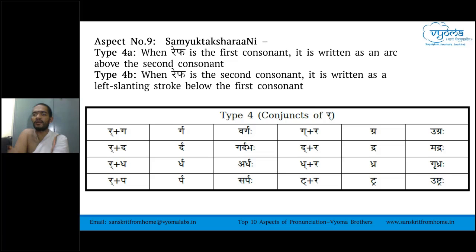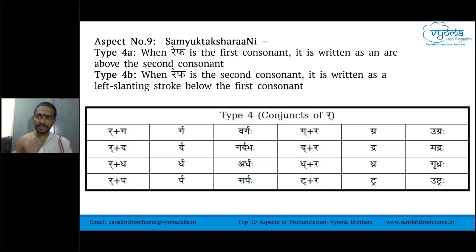The next letter is fully below. Vargaha: ra is put on top, and then the ga is pronounced in full. Ardhaha: ra is pronounced in half, dhakara in full. So we don't write the ra and then put a dha below, or write ra half and put it next to it. That is not how it is written. Ra is on top.